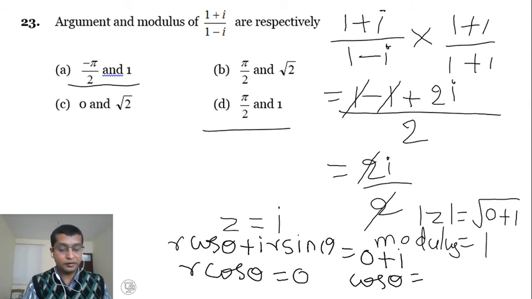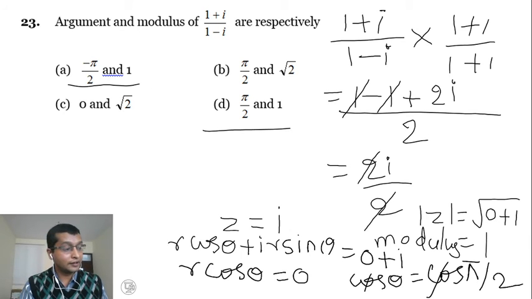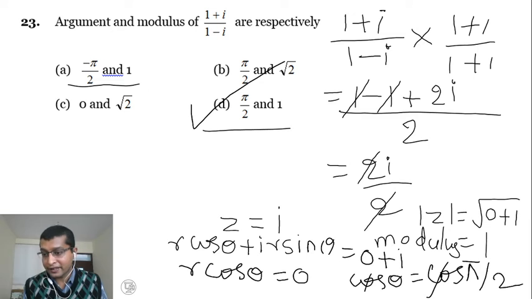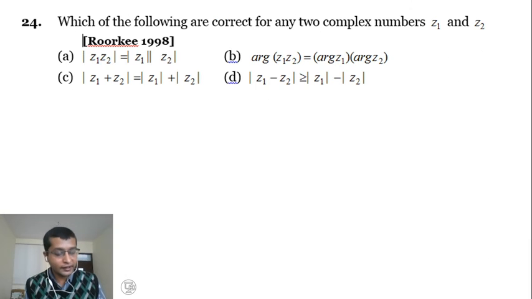Cos of what value is 0? Yes, it is cos 90 degree, pi by 2. Then r cancels, we get theta equal to pi by 2. That is, option D is the right answer. So the argument of the complex number is pi by 2 and the modulus is 1 here, right? Yes, we'll move to the next example.